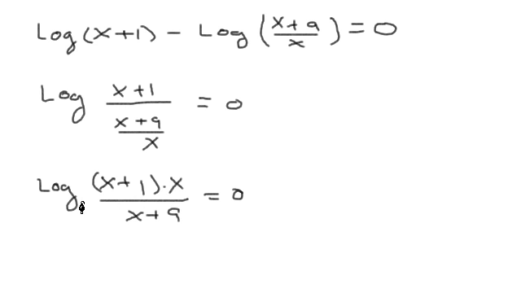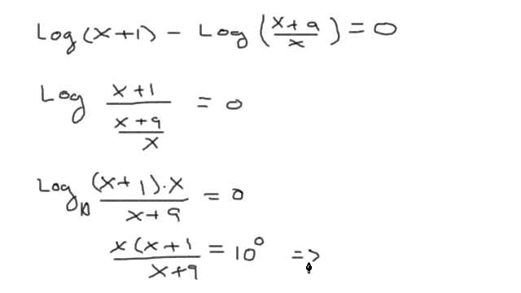Now remember, there's a 10 here. I'm just going to write this in. Let's get it out of log form and put it in exponential form. So this becomes 10 to the 0, and I'm going to bring the x over here to the other side. It's more proper to write it like that. Let me save some room here and rewrite this.